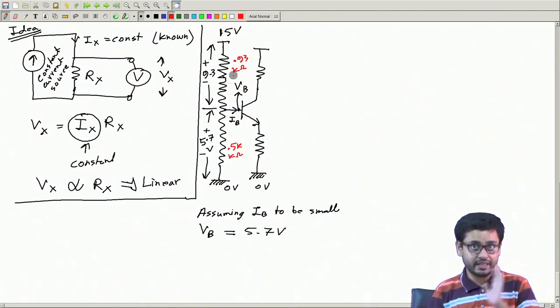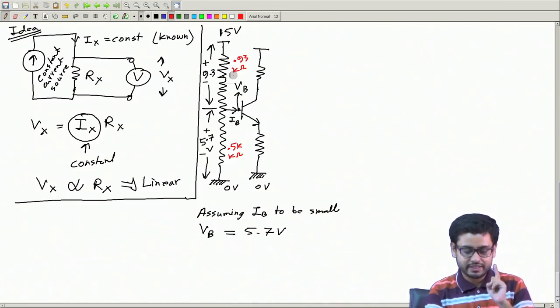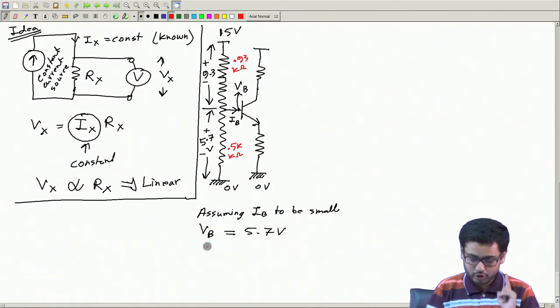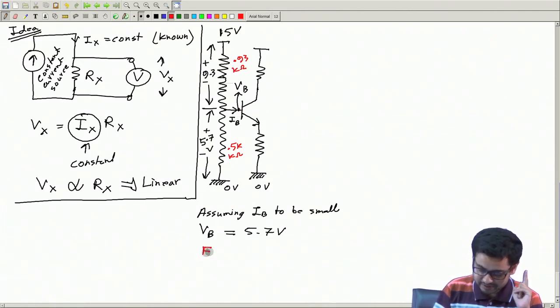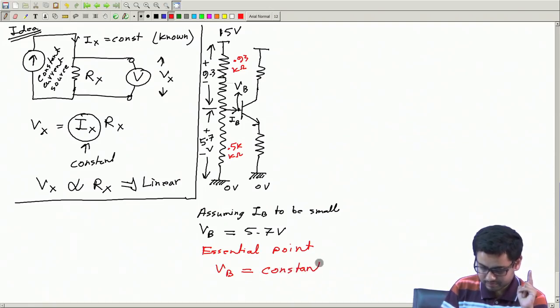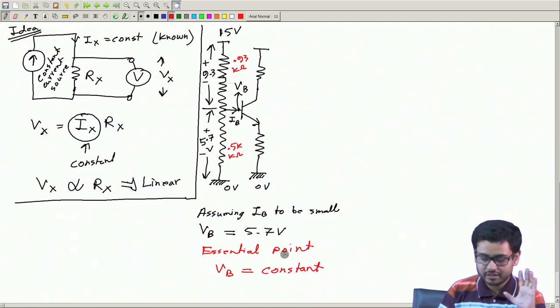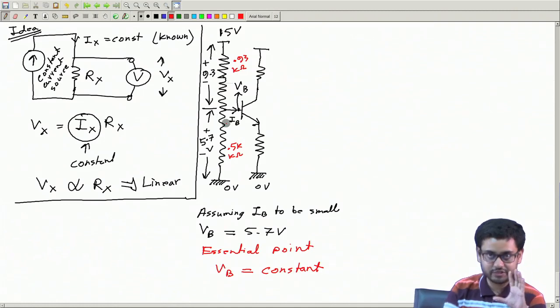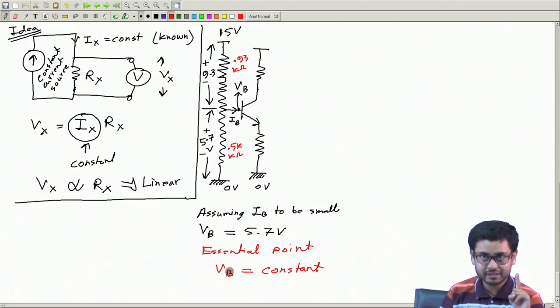So, the essential point here is that this voltage is a constant voltage. VB is constant. Okay. Using this potential divider, I have to make sure of that. So, I have a constant voltage VB.